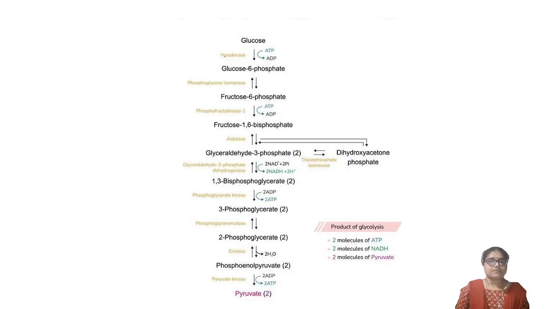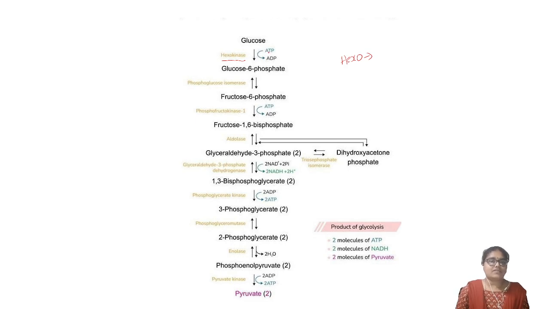In the first step, glucose is converted to glucose 6-phosphate in the presence of the enzyme hexokinase. Hexo means 6-carbon containing sugar, and kinase is the enzyme which transfers a phosphate group from a high energy molecule to another molecule.